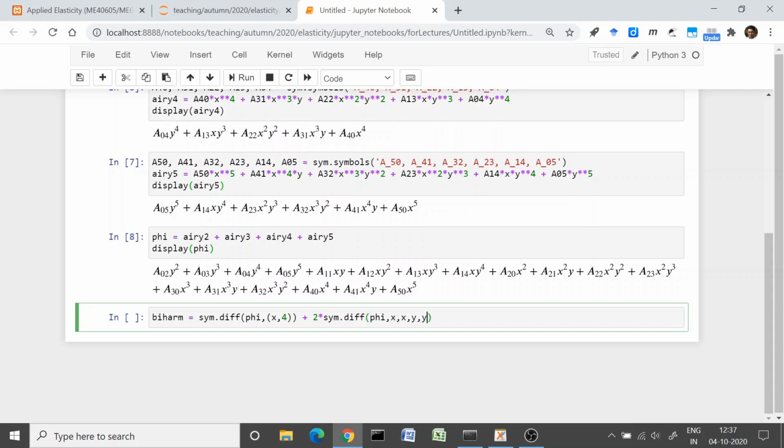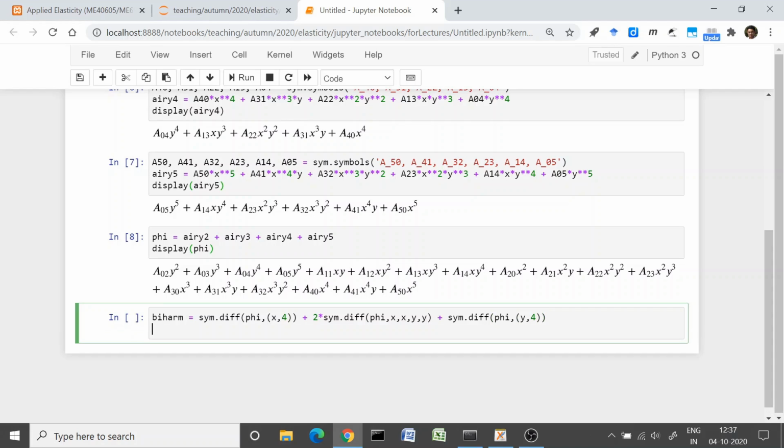That will differentiate phi with respect to x twice and with respect to y twice. And finally, sim.diff phi 4, right? So we can display this also, but let's first display this actually.